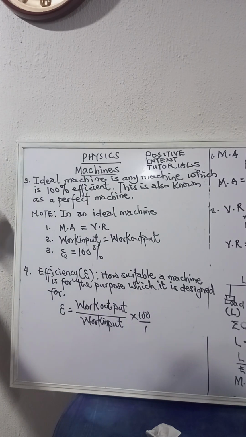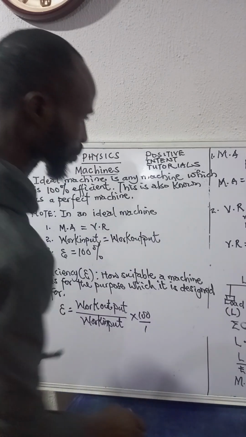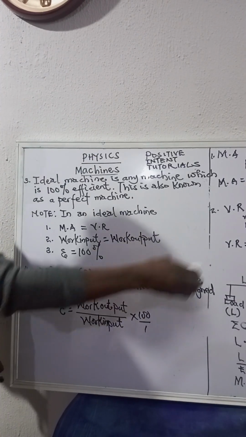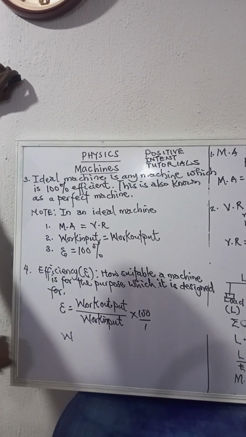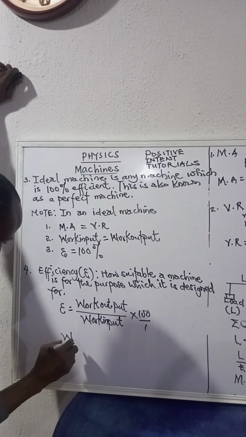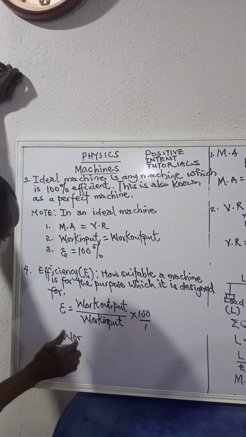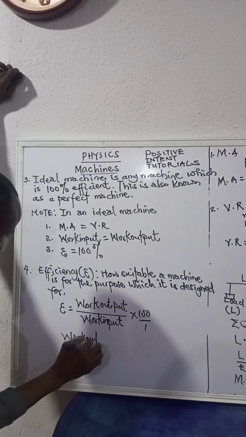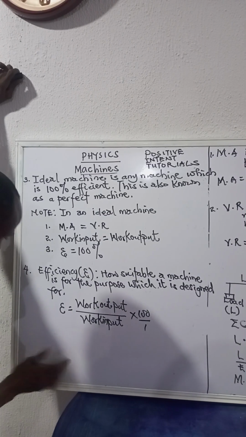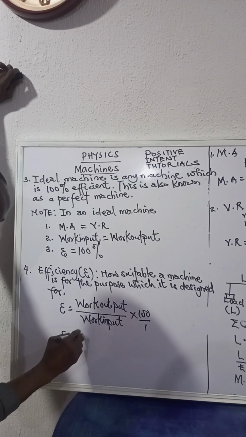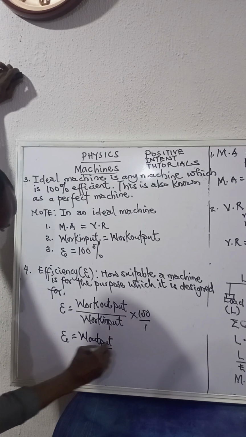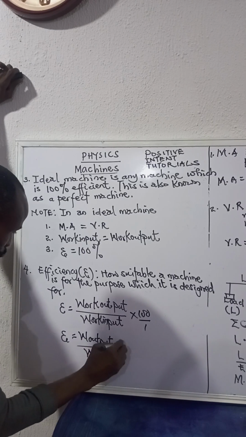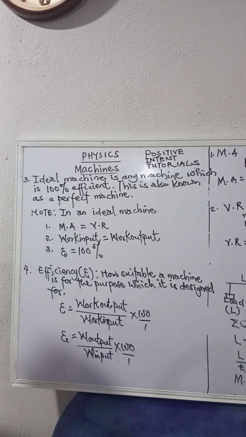So from here, let's go through this. What's the meaning of work output? Let me put this as: efficiency equals work output over work input times 100 over 1.